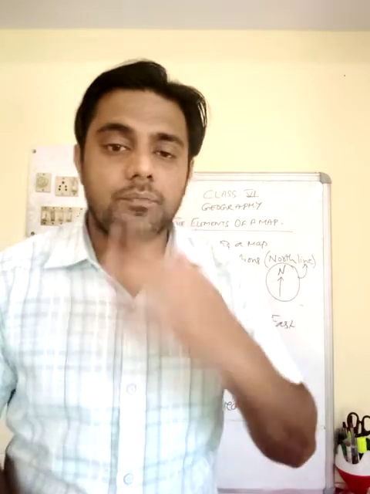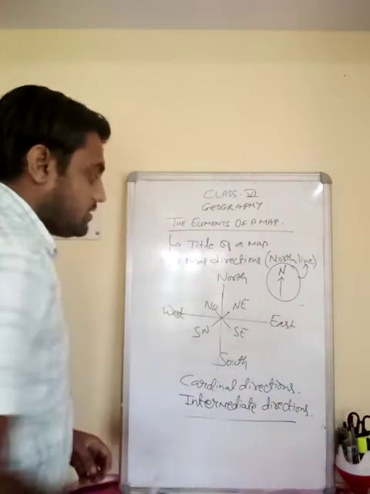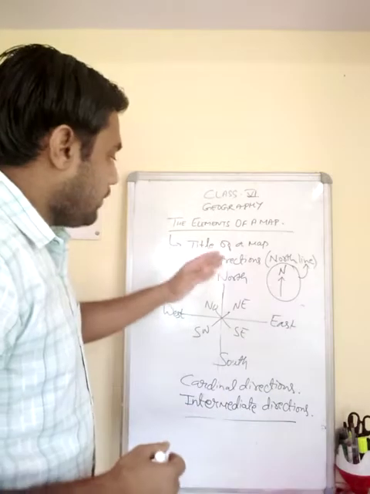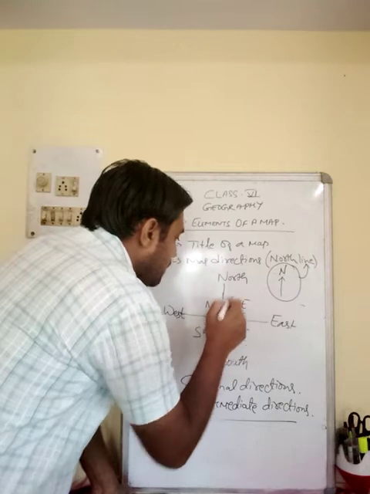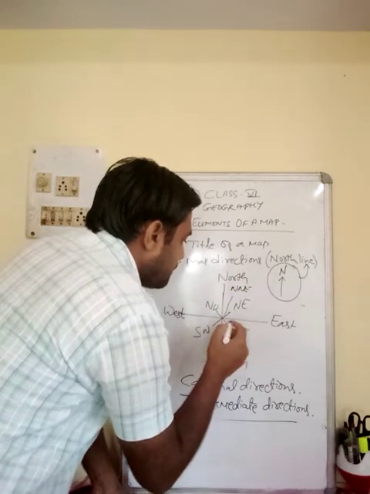Now, dear children, I have already told you there are cardinal directions and intermediate directions. Actually, there are a few more directions. Between north and northeast, there is one more direction, north-northeast.